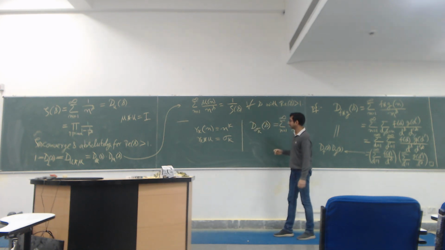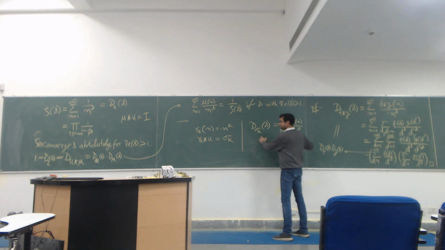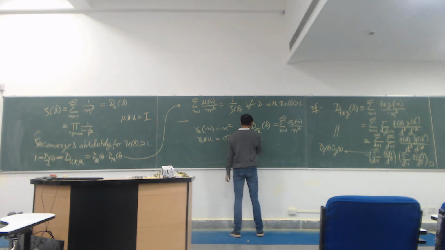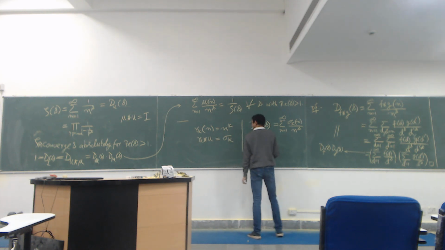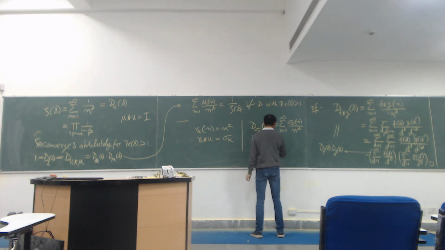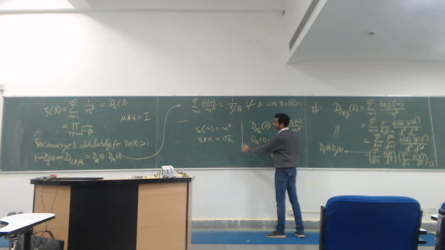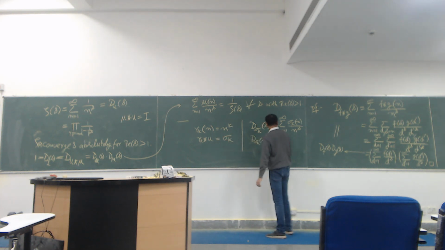A product, right? In the region of convergence, you have D of sigma_k at s equal to D of R_k at s times D of u at s, which is just zeta s.